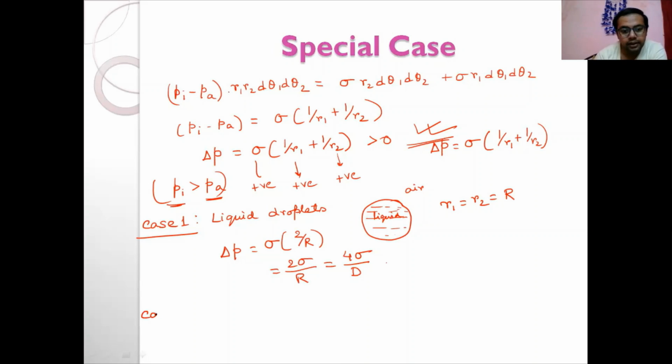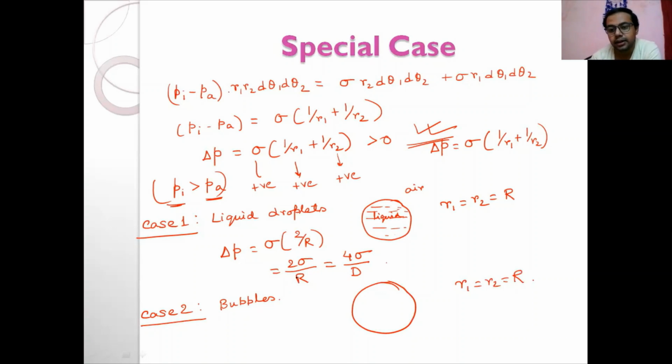In the same way, consider case 2, the bubbles. The difference between bubbles and droplets is that a bubble is also spherical, so R1 equals R2 equals R, no doubt about it. But here there is air outside, a liquid layer, and again air inside. So the surface tension would be twice, because there is one surface tension due to the liquid and outside air, and one due to the liquid and inside air.